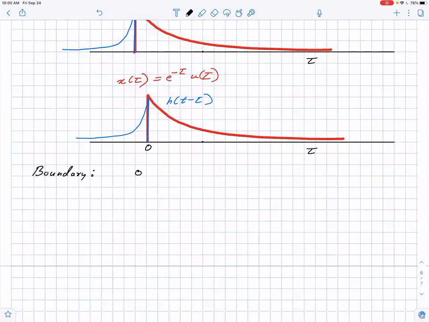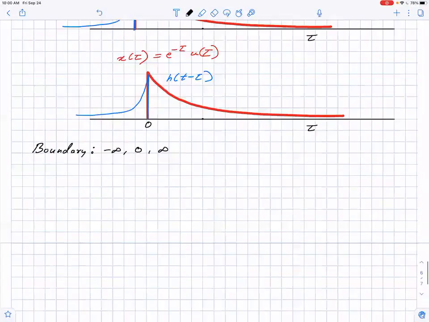And that important point is t equals 0. And we always add negative infinity and plus infinity to the list of boundary points. In this case, we just had one, which is 0, but sometimes we have more than one.